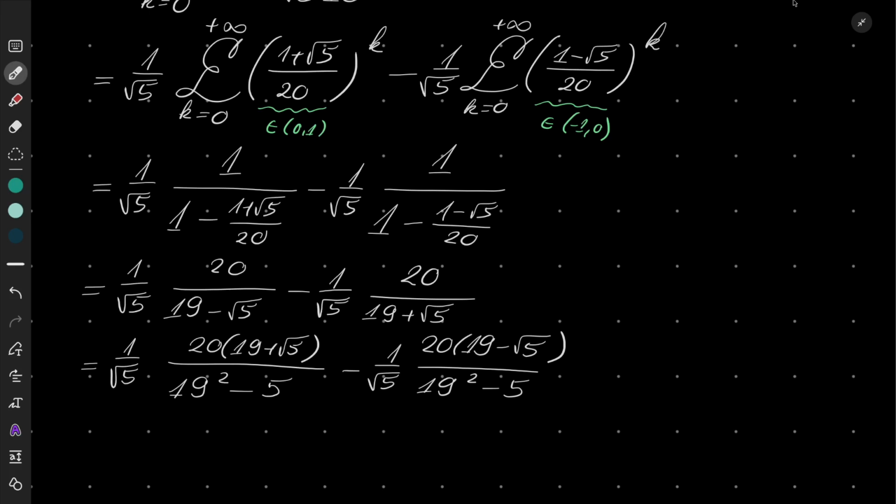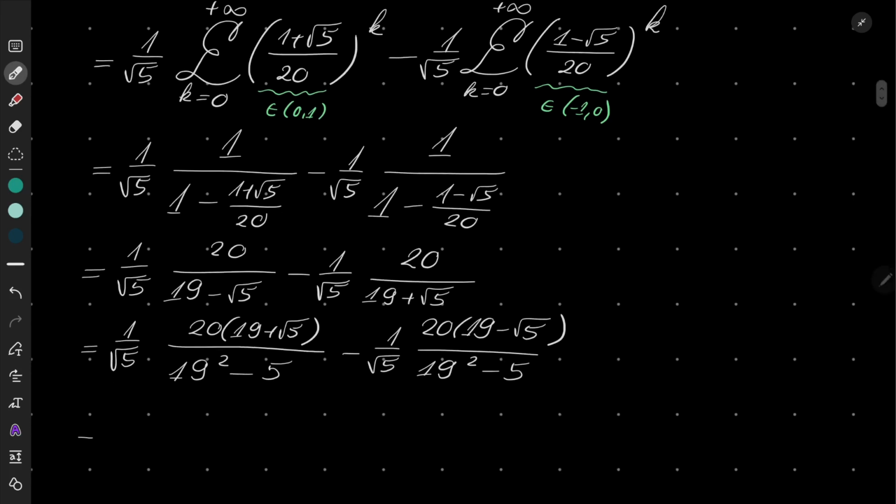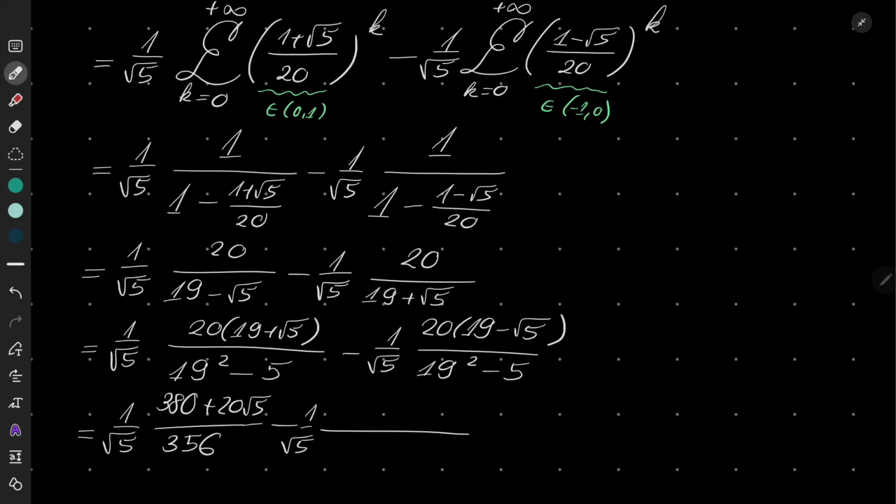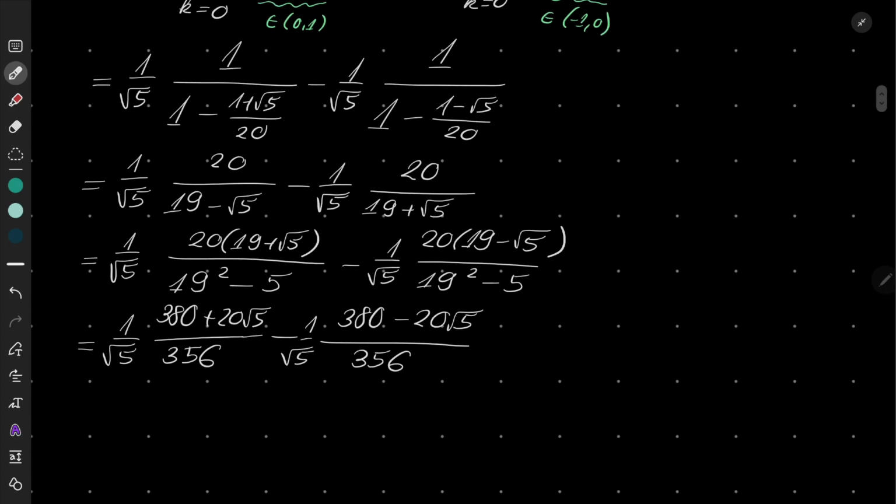Okay, so 19 squared minus 5 is 356. And in the numerator, we will have 380 plus 20 times square root of 5, minus 1 over square root of 5 times 356 times (380 minus 20 square root of 5).